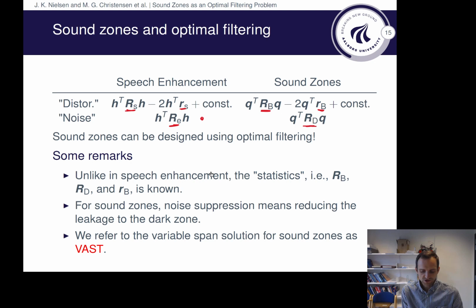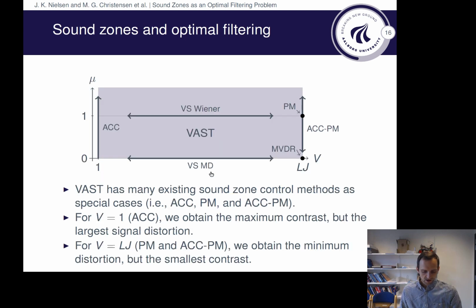Just to make a distinction between variable span linear filtering for sound zones and for speech enhancement, we have called this framework for sound zones VAST. That's because sometimes variable span linear filtering is also referred to as variable span trade-off filtering, and you can abbreviate that in this way. And as in speech enhancement, we also have a lot of interesting special cases when we apply this VAST framework to designing sound zones.